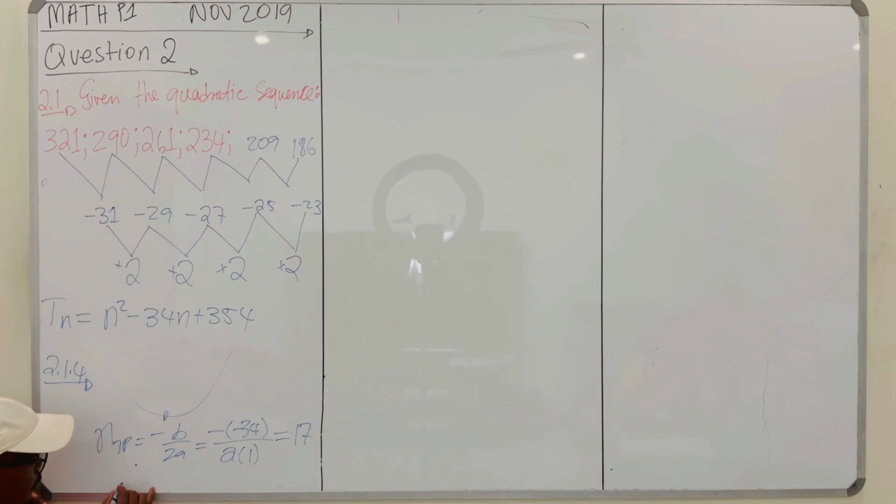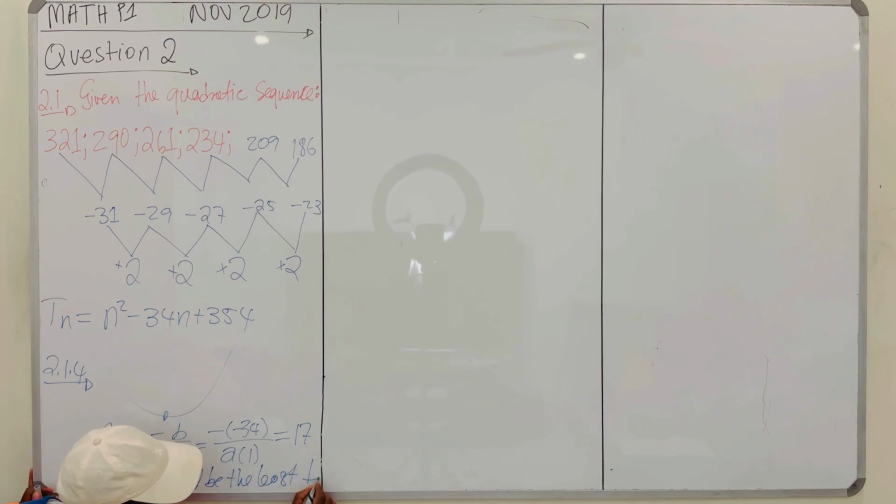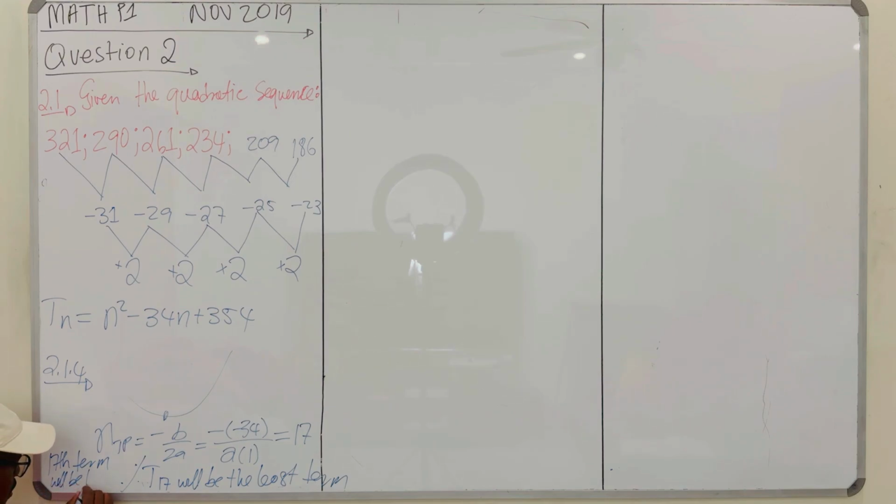Therefore, T17 will be the least term. We can say the 17th term will be the smallest. So the smallest term of the sequence is sitting at term number 17. And we're done with 2.1.